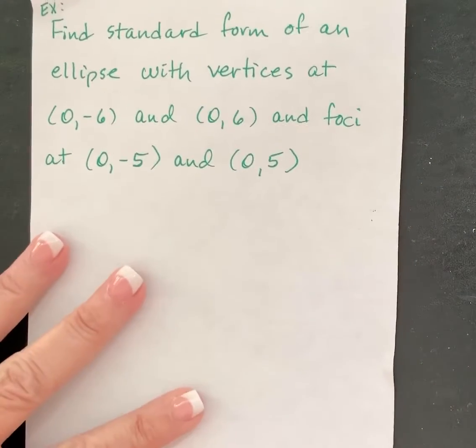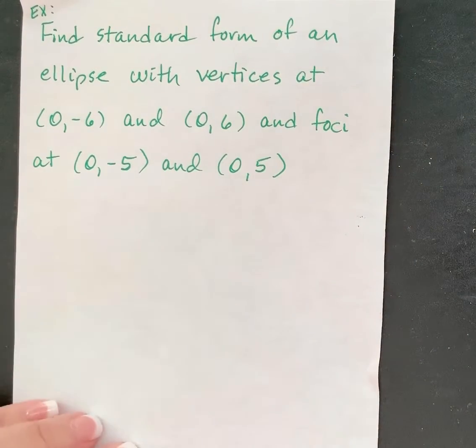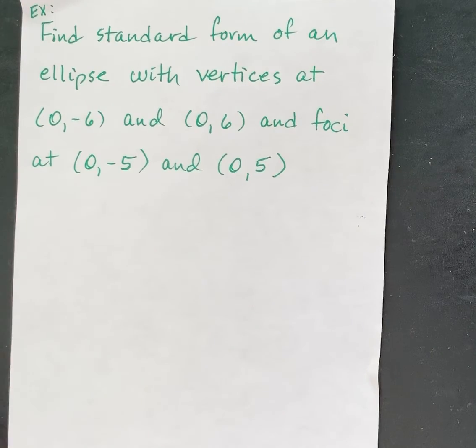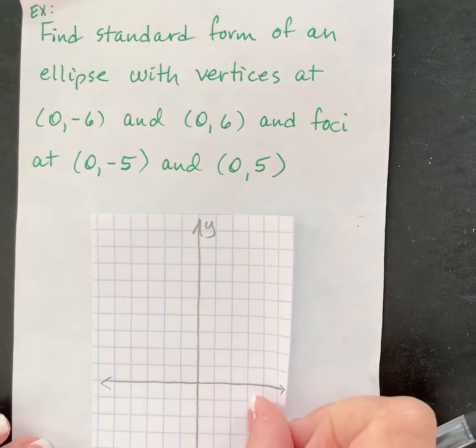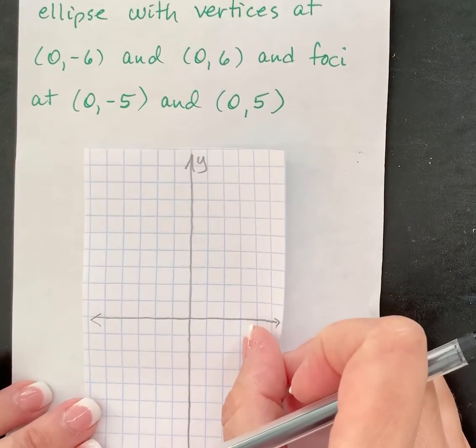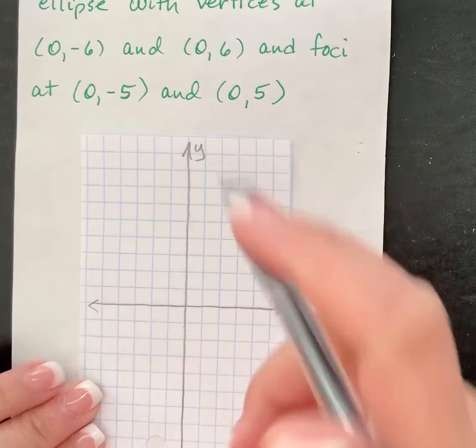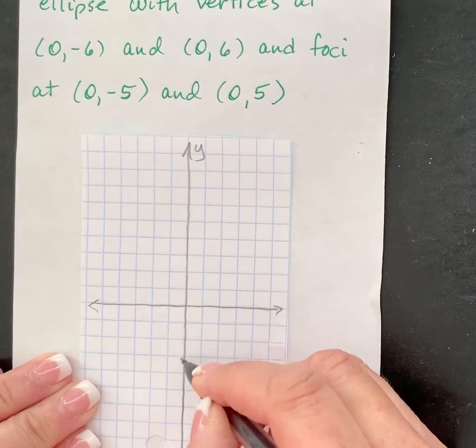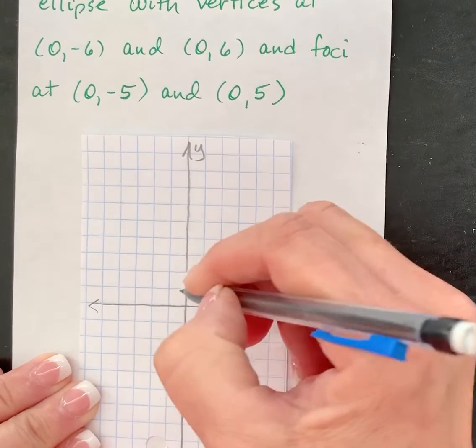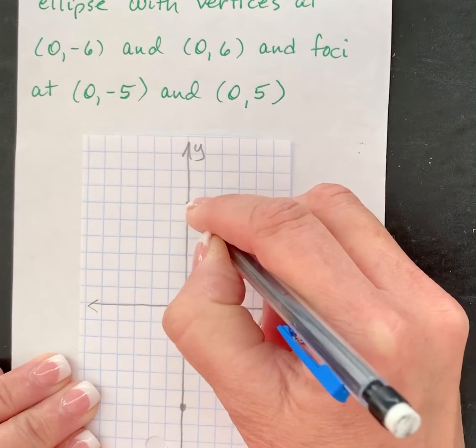Okay, all right, let's try one problem here. It says, find the standard form of an ellipse with vertices at (0, -6) and (0, 6), and the foci at (0, -5) and (0, 5). Now you don't really have to graph it to do this problem, but I find it helpful to picture the situation. Okay, (0, -6) would be down here, (0, 6) would be here.